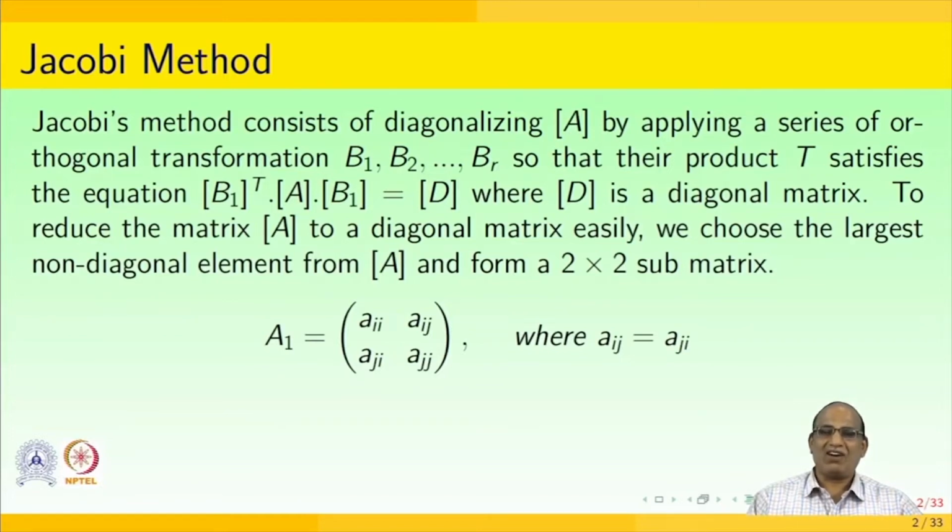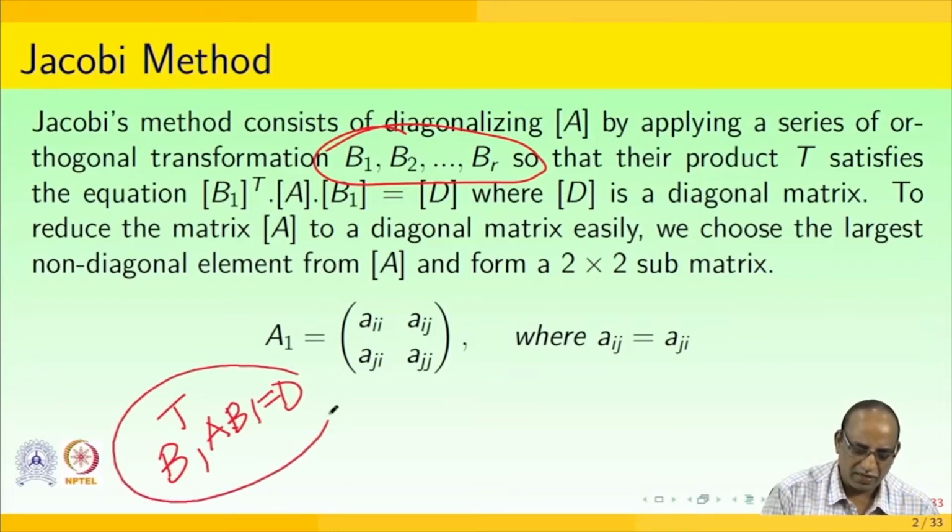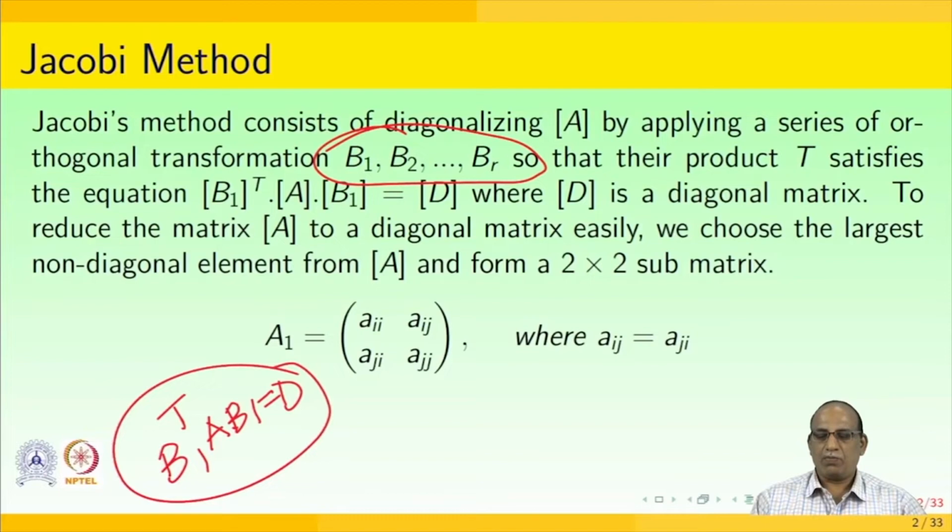Jacobi iteration method consists of diagonalizing a matrix A by applying a series of orthogonal transformations, that is B1, B2, B3, ..., Br, so that their product T satisfies the equation B1 transpose A B1 equals D, where D is a diagonal matrix.